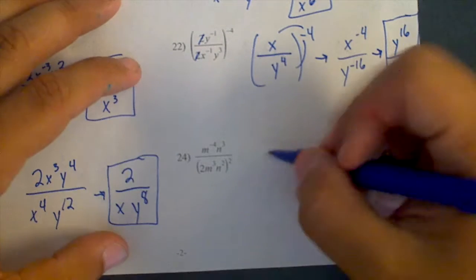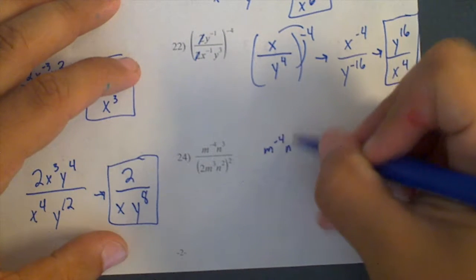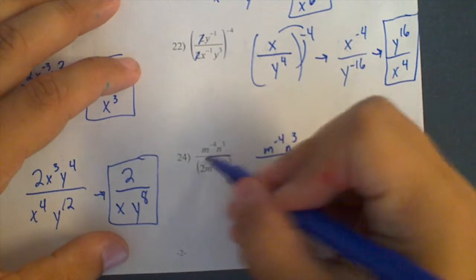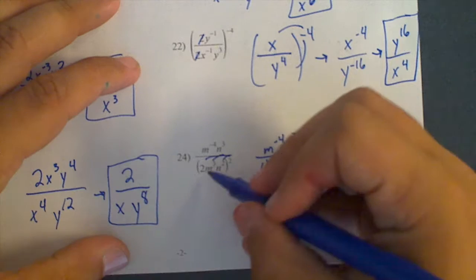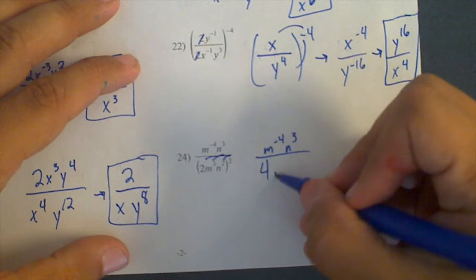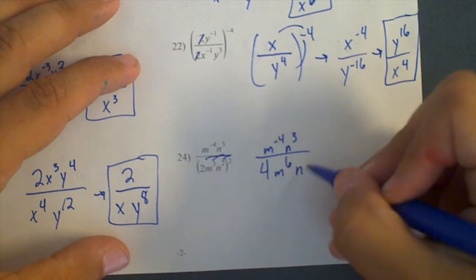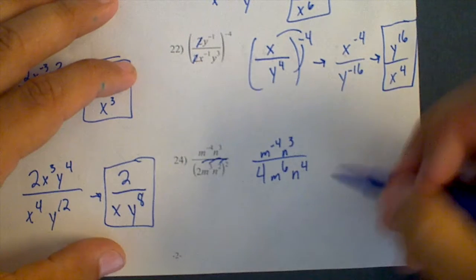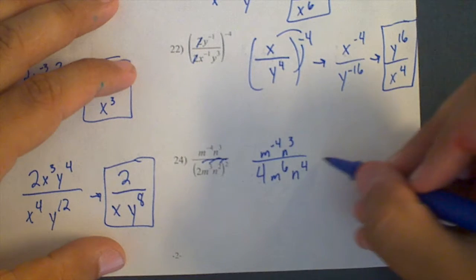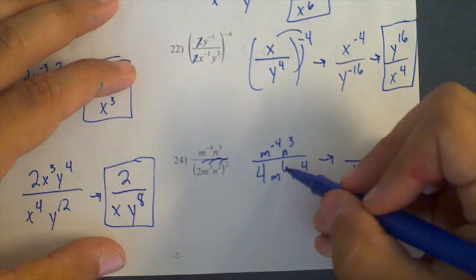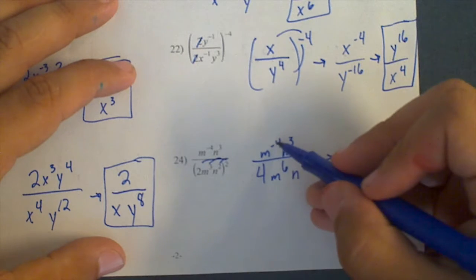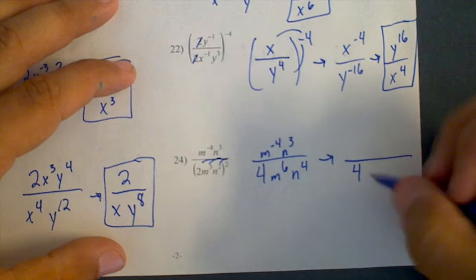24. Let's keep the top the same for now. Simplify the bottom by applying this 2 everywhere. 2 squared is 4. When I raise m to the 3rd to the 2nd, I keep the base, multiply the exponent. Same with the n. Keep the base, multiply the exponents. The 4 is going to stay on bottom. m to the 6th stays on bottom, the m to the negative 4th on top moves to the bottom and becomes positive.